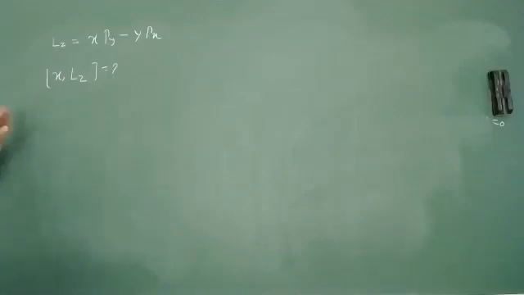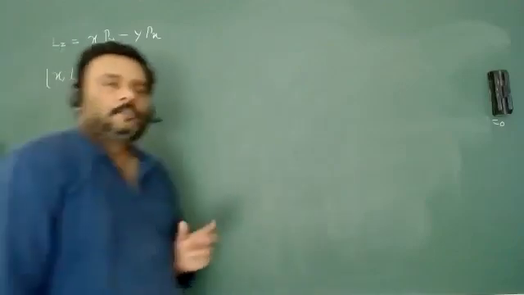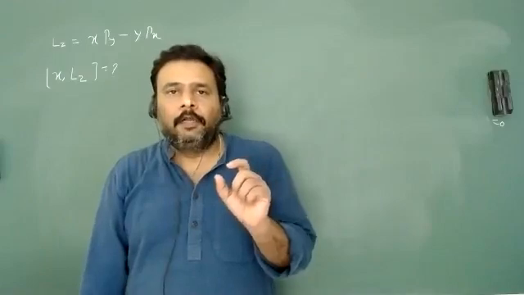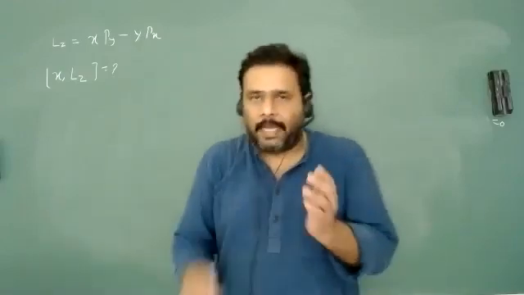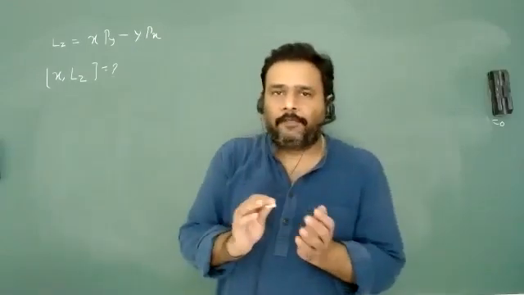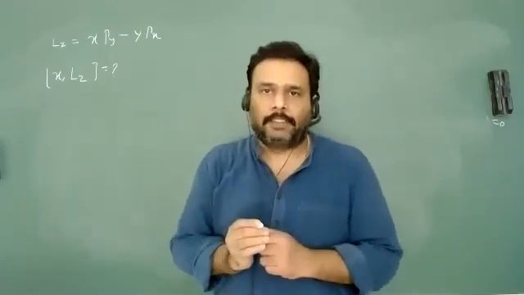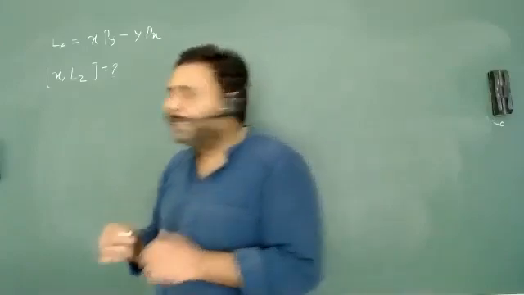Let's see how you can use the properties. When you use the properties, you always have to concentrate on the conjugate variables. You have to collect the terms x px, y py, z pz. So let's try to collect all these terms.